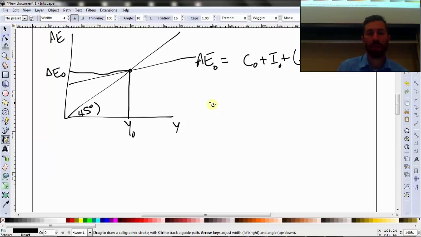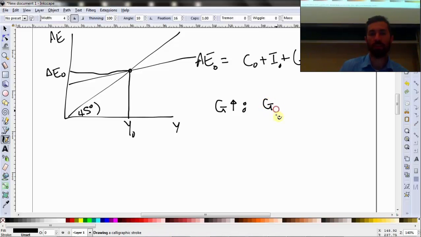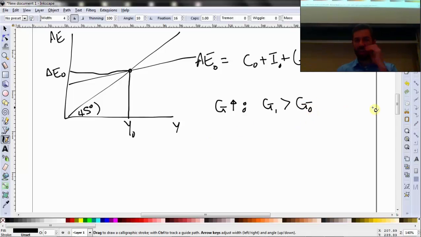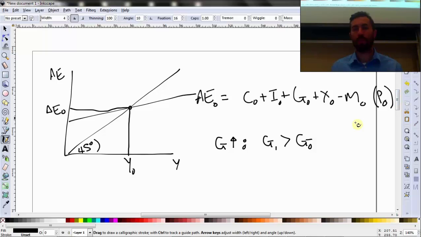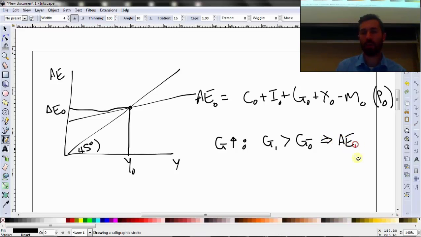What's going to happen is G is going to increase. Okay, so there's going to be some level G1, which is going to be greater than G0. Okay, what I'd like you to do is plot, and it's going to lead to some level of aggregate expenditure AE1.